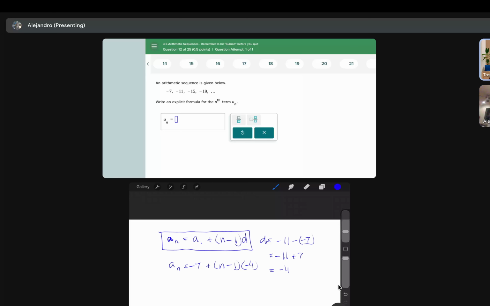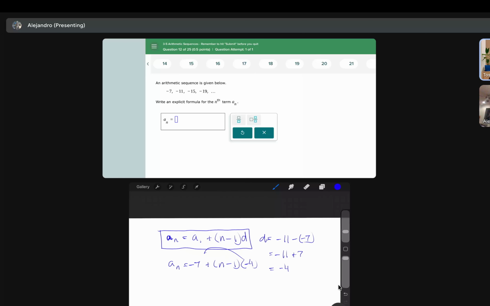So the formula is like a linear formula. The explicit formula is basically based off this. So distribute. It's like x, the unknown, but in this case it's n. So -7, do your algebra neatly. -4 times n, distributive property, is -4n.